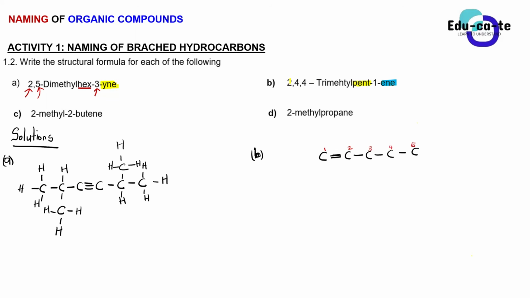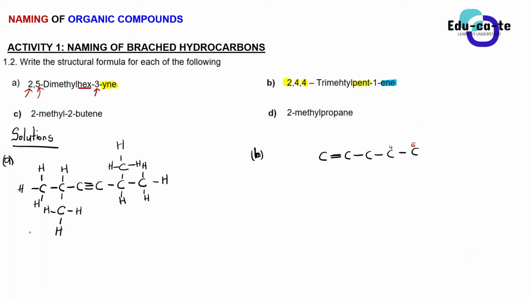Since this is trimethyl, there are 3 methyl groups. The first goes to carbon 2, the second to carbon 4, and since 4 is repeated after the comma, the third goes to carbon 4 again. So carbon 4 has 2 methyl groups on it.